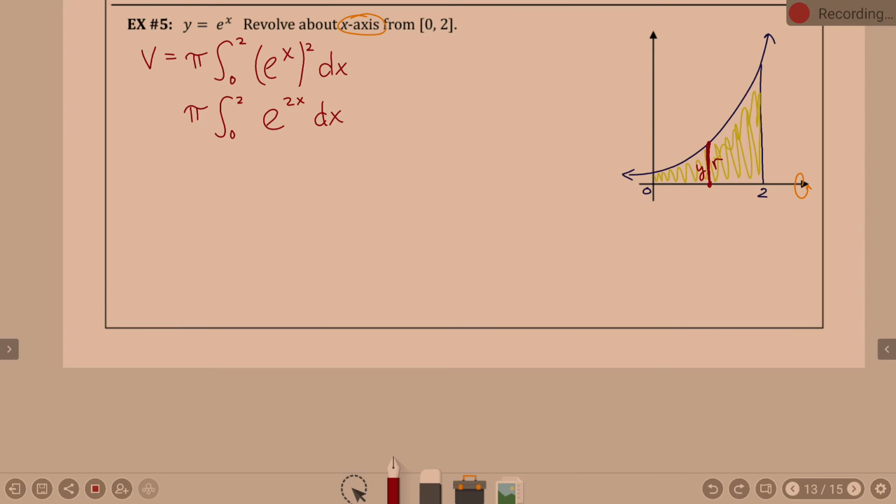If I was going to take the derivative of e to some power, it's e to some power times the derivative of that power. The derivative of 2x is 2. Now, I'm not trying to take the derivative, though. I'm trying to integrate. So what do I do to compensate or balance out that 2 that would be part of the derivative? You put a 1/2 out front instead.